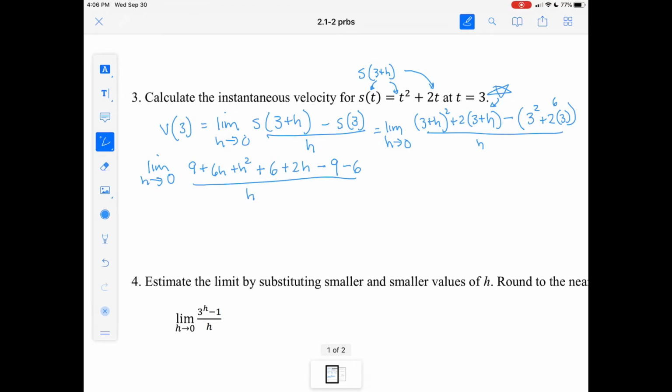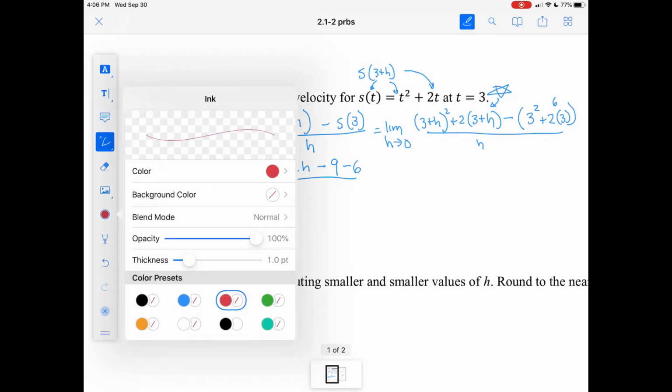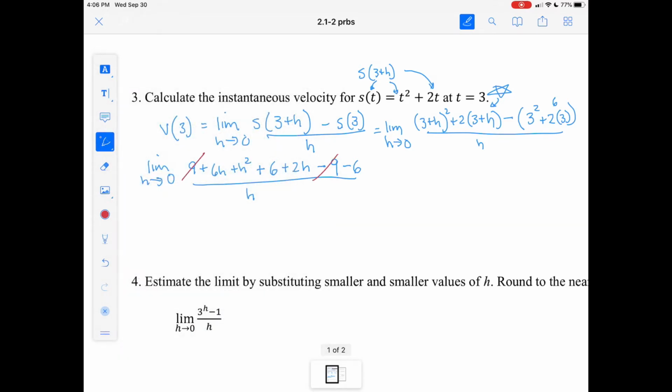Let's see if anything goes. 9s go, 6s go. So that takes us to the limit as h approaches 0 of 6h plus h squared plus 2h all over h.